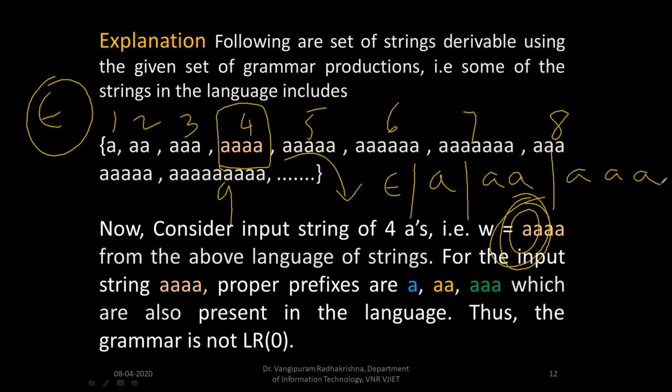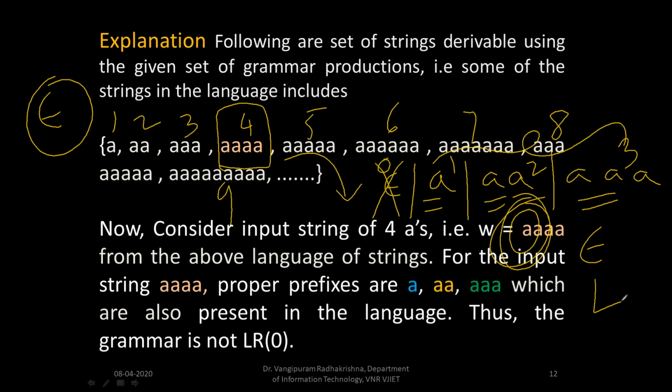Now if you can prove that at least one of these prefixes is contained in the given language, then we can say that the given grammar is not LR0 grammar. Here epsilon is of length 0, A is of length 1, AA is of length 2, AAA is of length 3. Assume that we did not derive epsilon and place that in the given language. However, we have A followed by 2 A's followed by 3 A's. All these three prefixes are belonging to the given language.